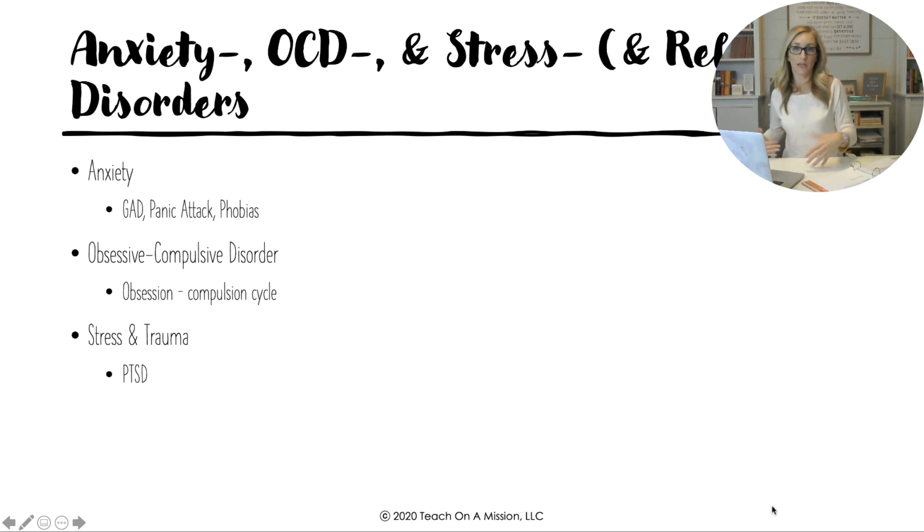You could have GAD with panic disorder, where you have panic attacks, but panic attacks could also be separate from GAD. You don't have to have both. And then there are, of course, the specific phobias, which are irrational, very intensified fears of specific things. You could have all 3 of those, but they are all separate diagnoses.